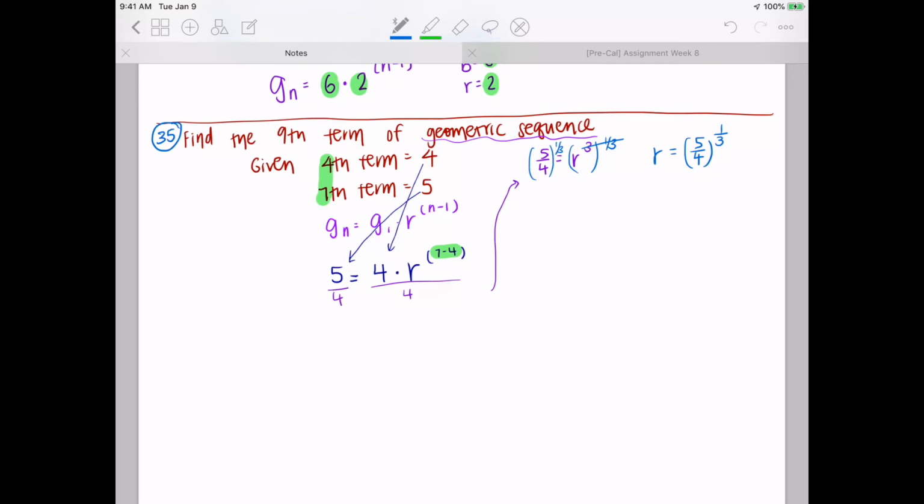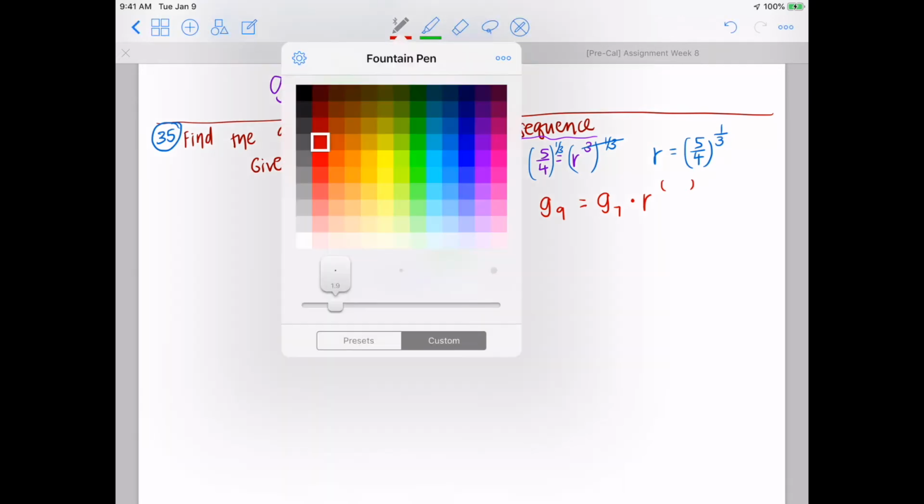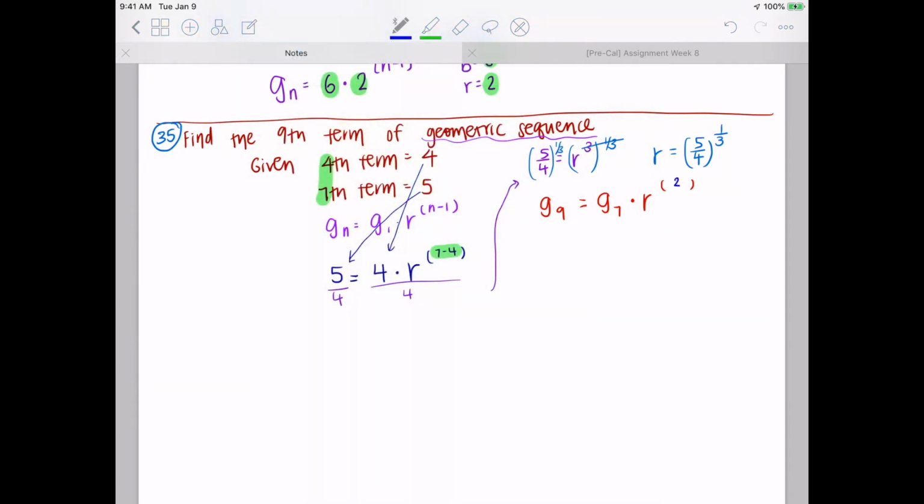So if I say g of ninth equals our seventh term, I'm going to write it in formula form first. I know my seventh term, and I'm going to multiply by r. What power should I raise this to? How far is the 7 to the 9? It's only 2 numbers away from each other, right?